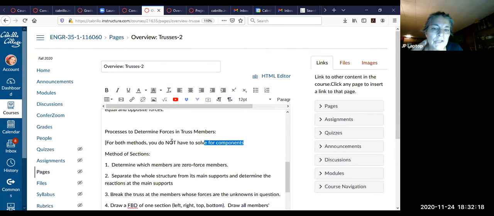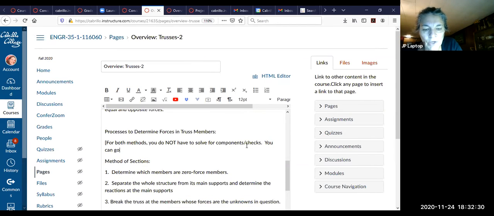Maybe we should say just in this one. I'm okay with you skipping it. For both methods, you do not have to solve for components or checks. You can go straight to the equilibrium equations. Is everybody happy on that?